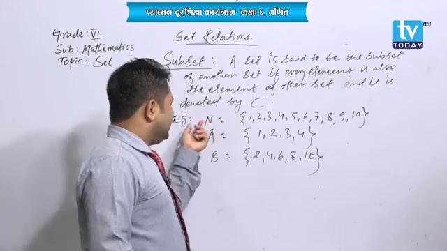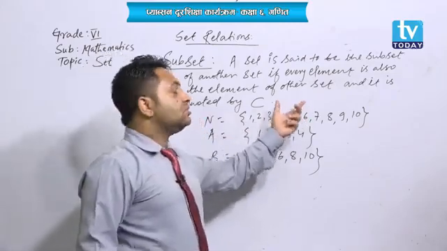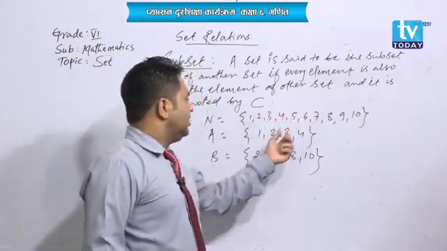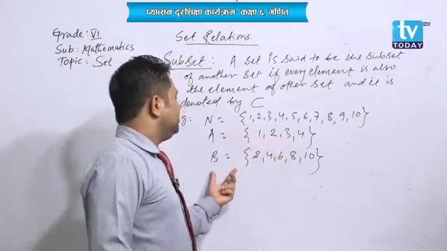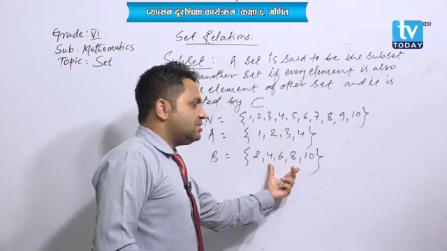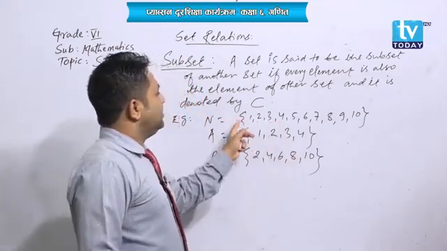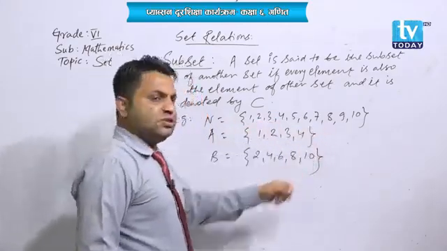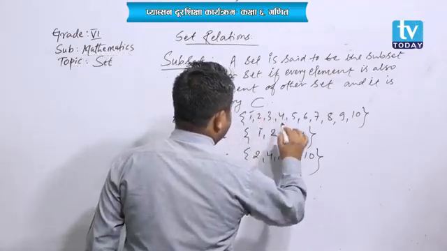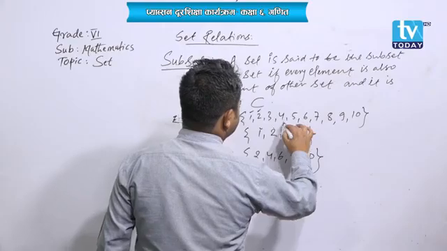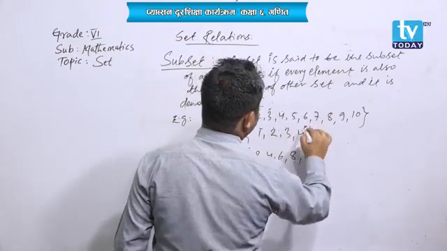Now in set N there are many more elements. In set A there are 4 elements, in set B there are 5 elements, and in set N there are 10 elements. In set A, 1, here also 1, here 2, here also 2, here 3, here also 3, here 4, here also 4.